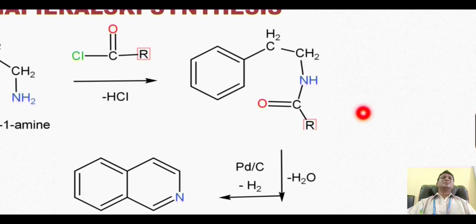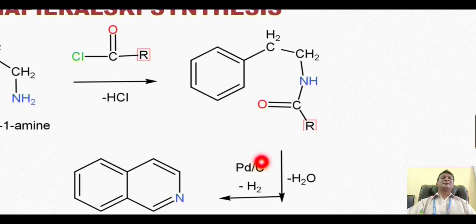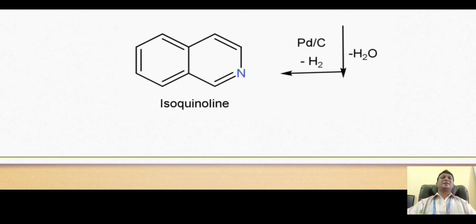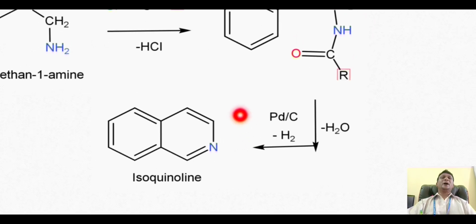Likewise, the treatment with palladized carbon brings about the liberation of hydrogen molecule, one hydrogen from this carbon and second hydrogen from this carbon released out as hydrogen molecule, and thus a double bond is generated and we have the cyclized product isoquinoline.